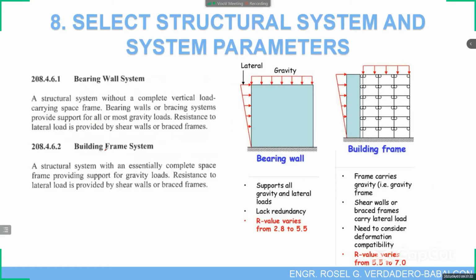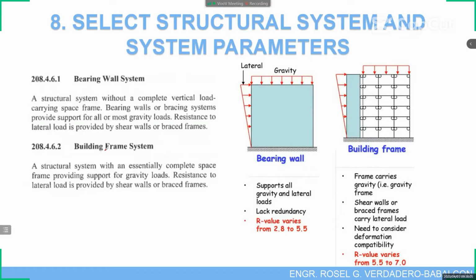Gravity loads consist of the live load and the dead loads, while the lateral loads consist of the seismic loads and the wind load. A bearing wall system is advantageous for low-rise structures because it is easy to construct, and it is faster to construct for low-rise structures.